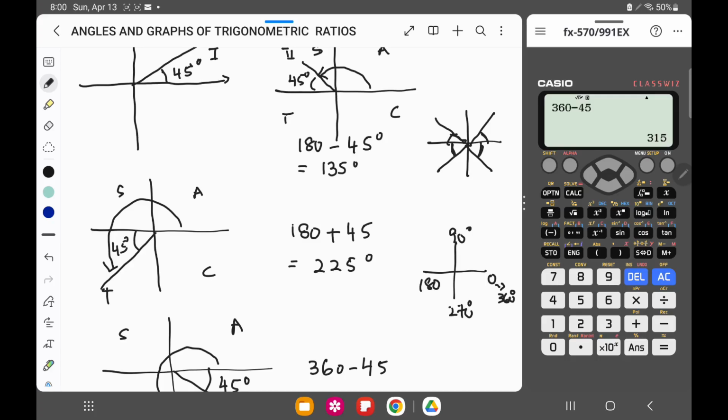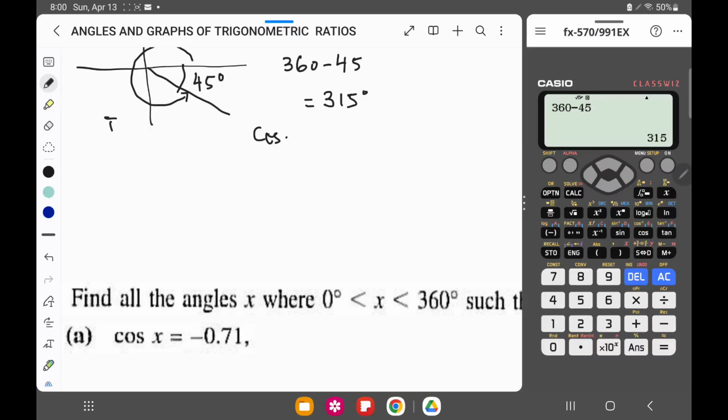The same thing, whenever the angle is negative, you don't go anti-clockwise. In that case, you go clockwise. Most of the time they ask for the positive, but sometimes the angle is negative.